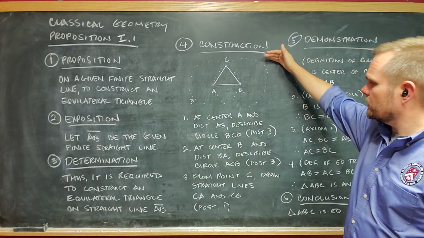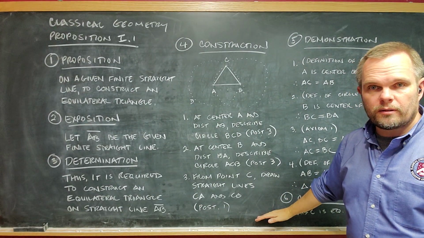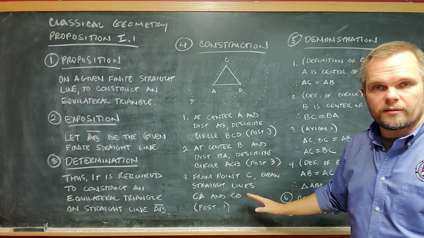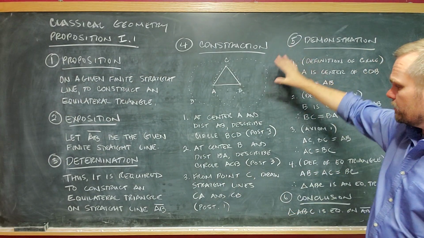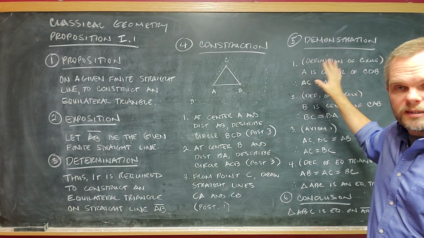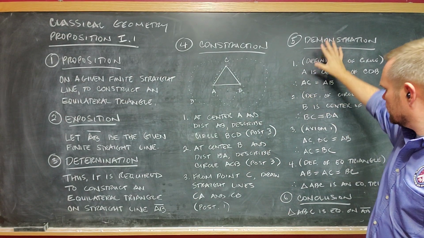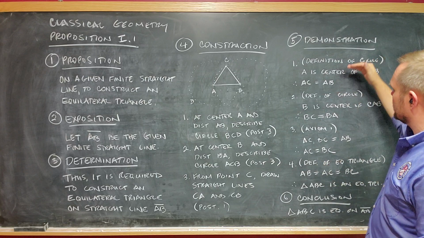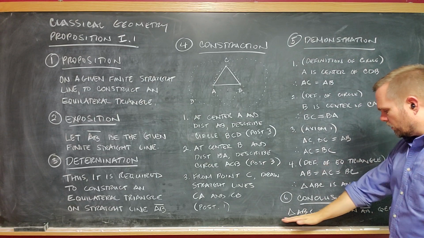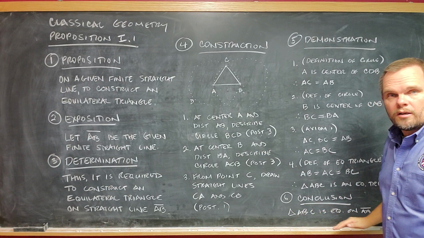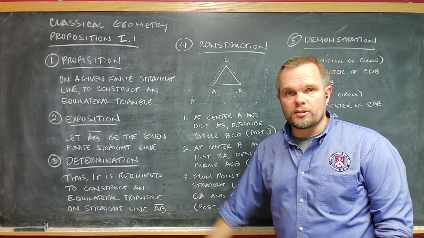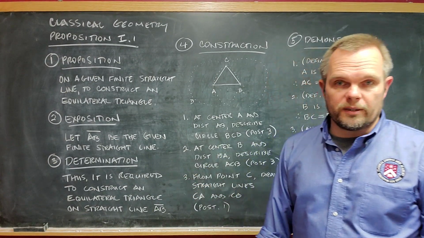In our construction, we work out the solution using either what's given to us or what's granted to us in the elements. And then after we've established our construction, we have to prove every single step of it, which we do here in our demonstration using definitions and axioms. And then finally, we wrap up the proposition with a good conclusion that states that our determination has been accomplished.